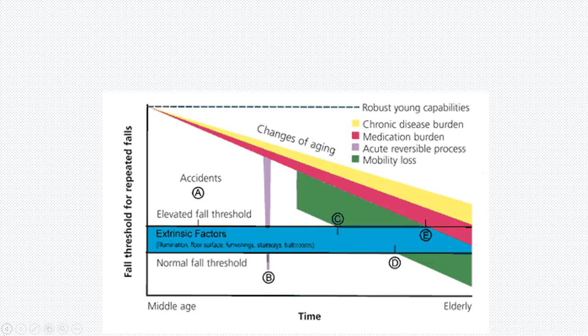We may have patients who are being treated for disorders with which peripheral neuropathy is associated. So over time, these chronic diseases, the increased use of medications, the fact that these patients are more frail and not as mobile, these things all play a role in increasing the risk of falls in these patients.